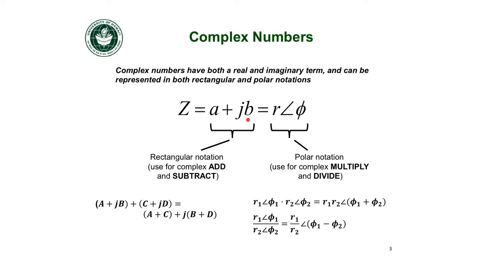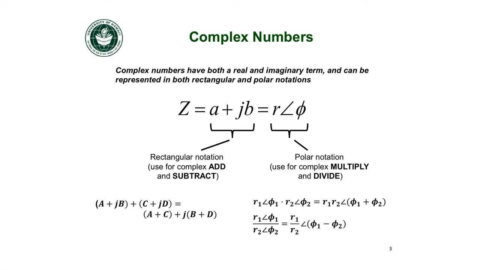If you have it in the rectangular notation, it makes it easy to add and subtract two different complex numbers. And if you have it in the phasor or polar notation, it makes it easy to multiply and divide two different complex numbers.